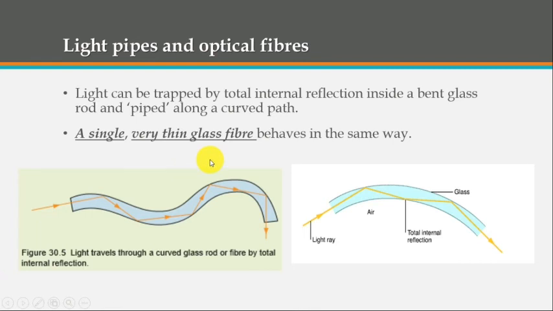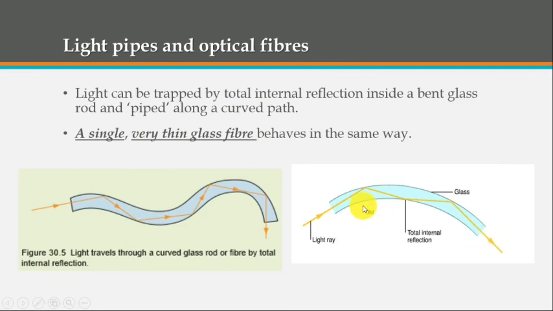So the light will not go outside, it will stay trapped inside this glass until it goes out from this side. The light enters from here and leaves from here. The same thing here. Here's the normal, the angle of incidence is more than the critical angle for glass, so total internal reflection until the light leaves from this part.